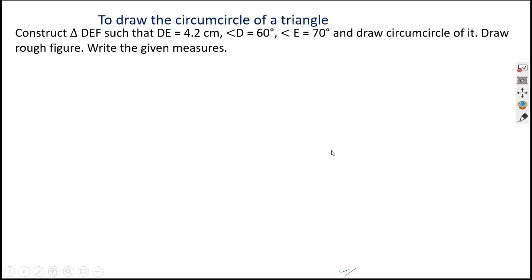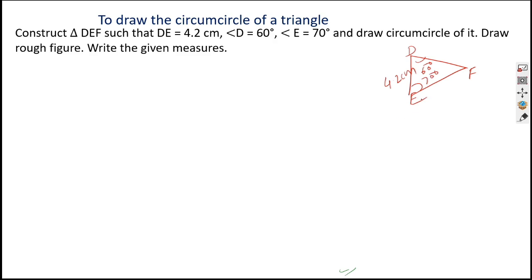To draw a circumcircle of a triangle, first of all you should know how to draw a triangle according to the given instructions, which you have studied in 7th standard. Here it is given that the triangle name is DEF, DE is 4.2 centimeter, angle D is 60 degree and angle E is 70 degree.